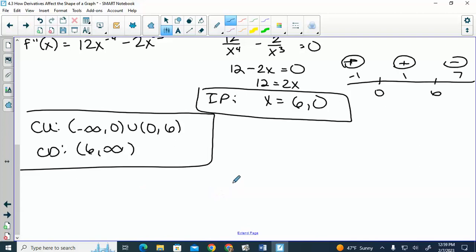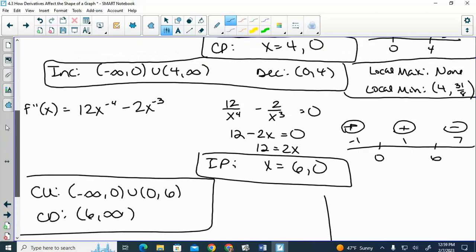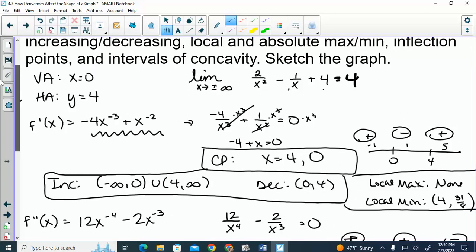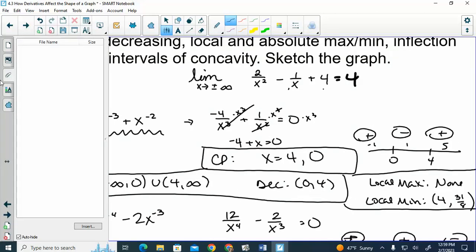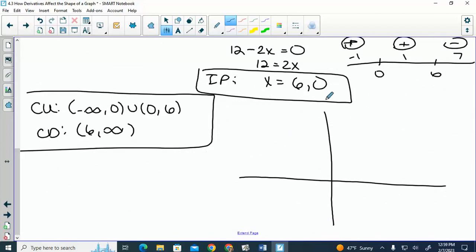So this problem had absolutely everything, as much as I could throw at you. It had the rational function, we had asymptotes, all the other stuff. So now when I go to graph it, my max and min, let's see, there was no max. If I plot my asymptotes, we had a vertical at 0, horizontal at 4.